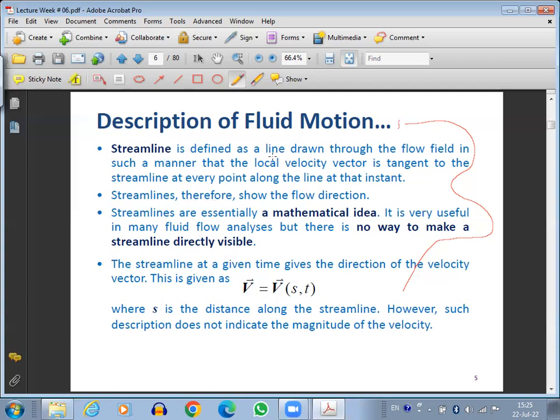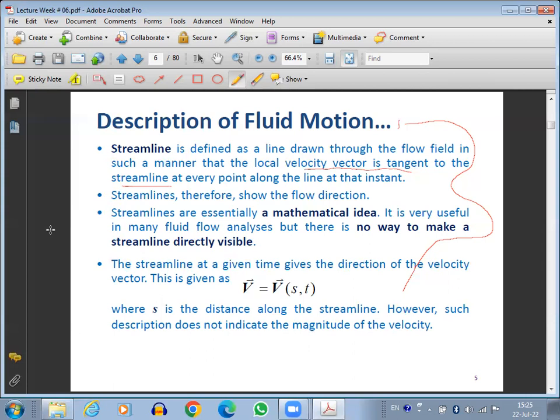So a streamline is defined as a line drawn through the flow field. Obviously, the flow field is the field where the flow is going. It is drawn in such a manner that the local velocity vector is tangent to the streamline. That means if you have a flow field and you pick a point on it, the velocity is tangent to the streamline, meaning it is following the streamline.